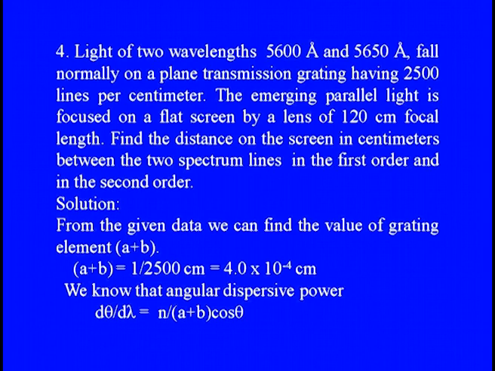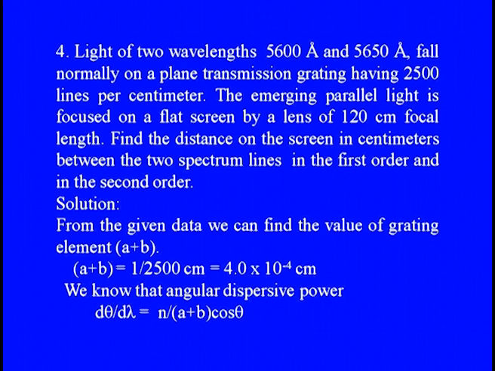The emerging parallel light is focused on a flat screen by a lens of 120 centimeter focal length. Find the distance on the screen in centimeters between the two spectrum lines in the first order and in the second order.